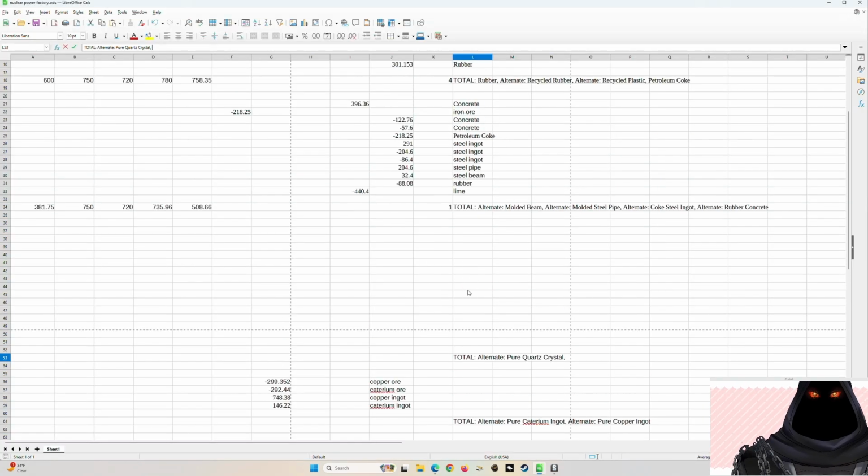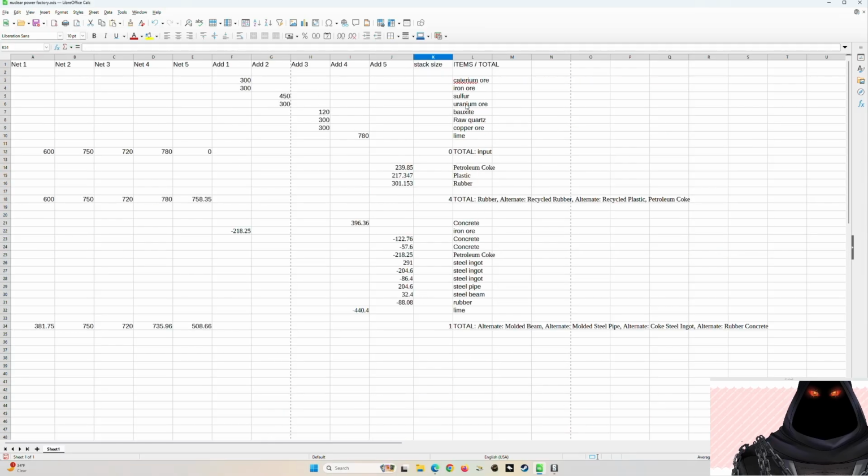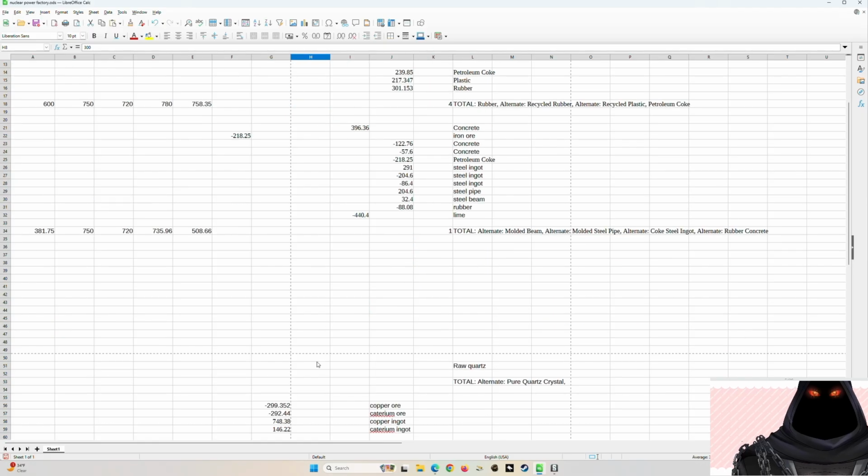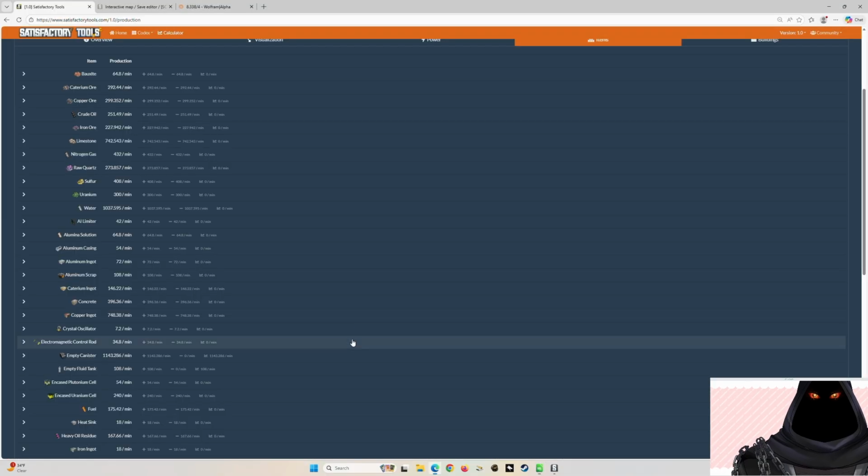So this requires raw quartz, and where's raw quartz? Raw quartz is on line 3. So we are going to subtract that amount from that line. Okay, good.